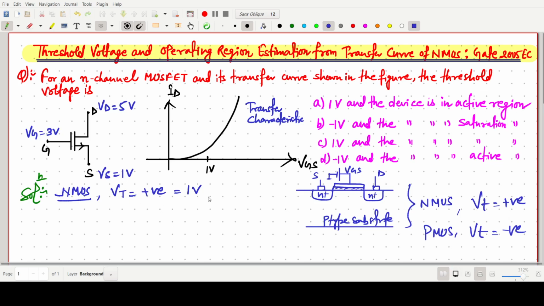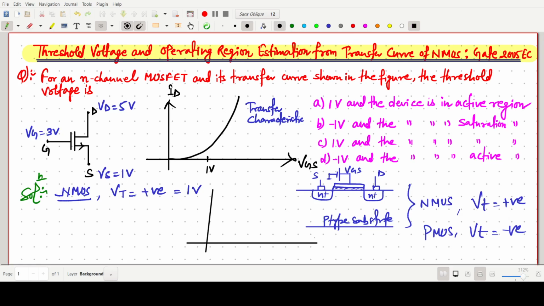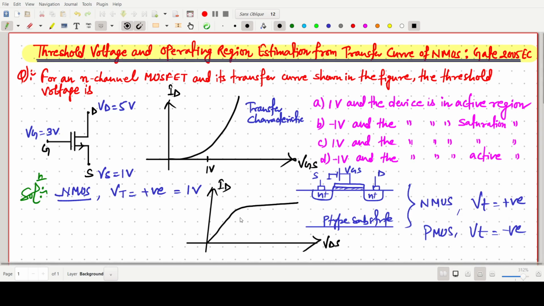Now we have to be concerned about the active region. But before that, I'm just going to draw the ID-VDS curve of an NMOS because it is important, and this should be our VGS minus VT.